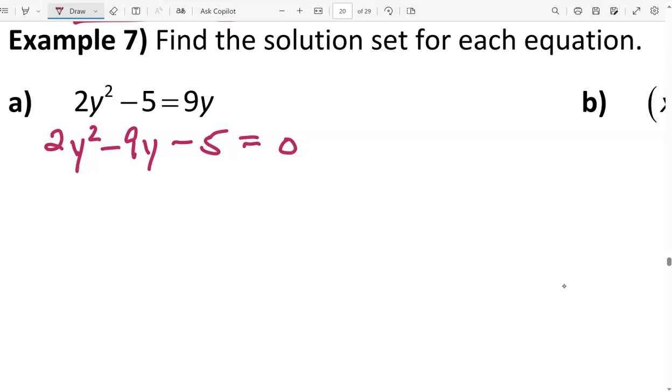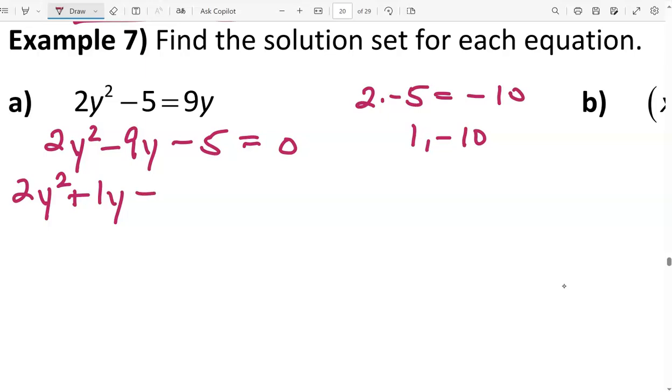Make sure to put the terms in descending powers of y when you subtract and move the terms to one side. So our a value is 2 and our c is -5. 2 times -5 is -10. The factors that add up to -9 are +1 and -10.